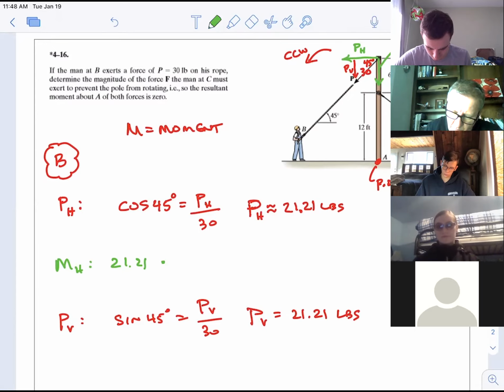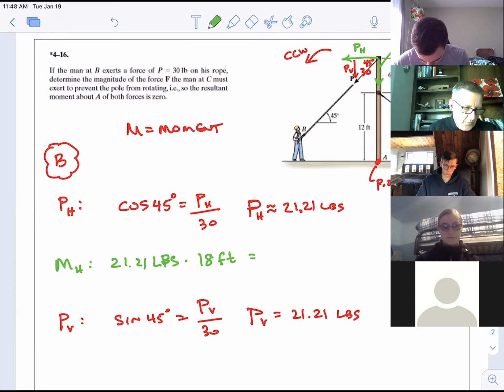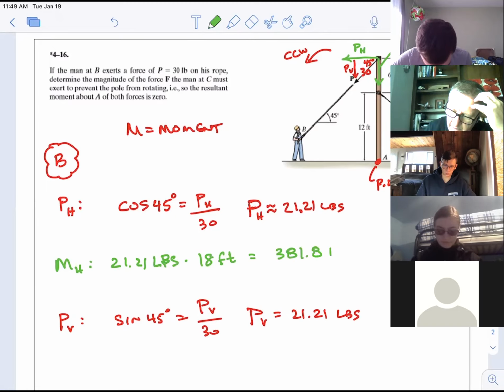So 21 pounds times 18 feet. So 21.21 times 18, I'm getting about 381.78. I think I'll call it 381.8 foot-pounds.